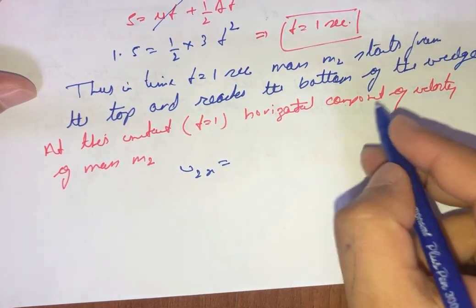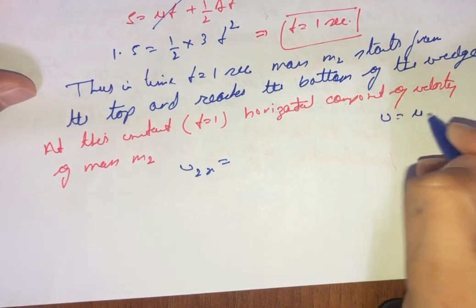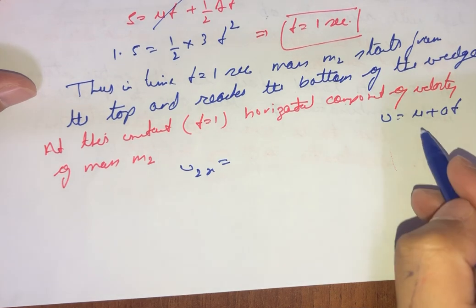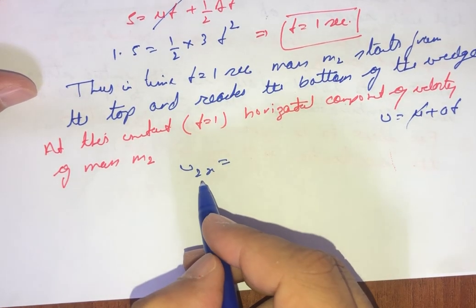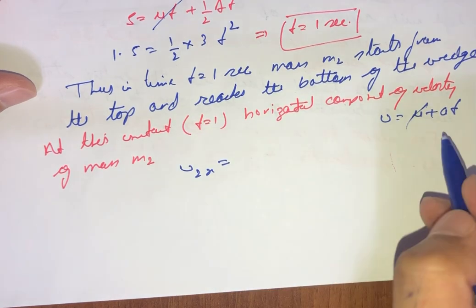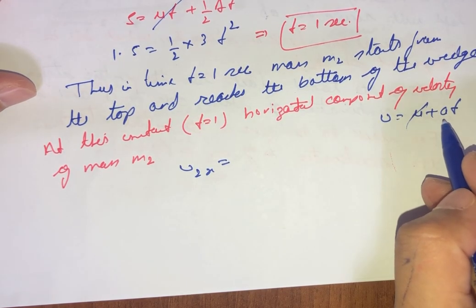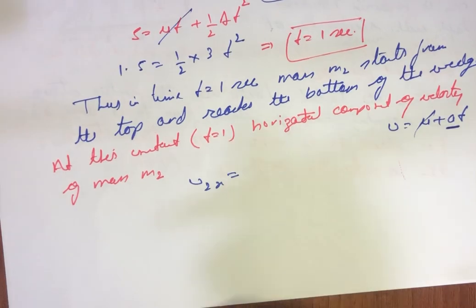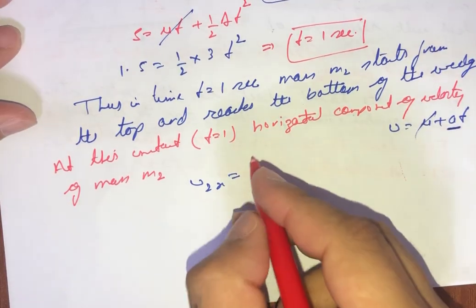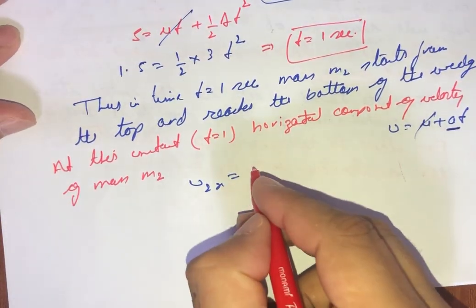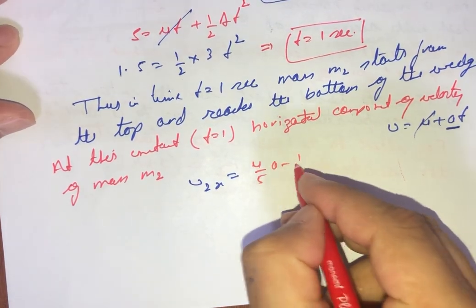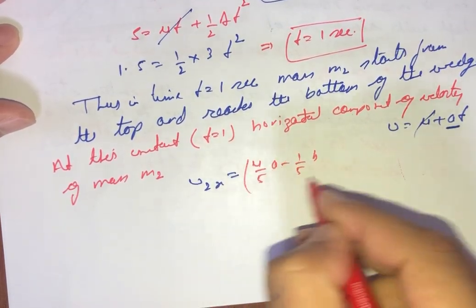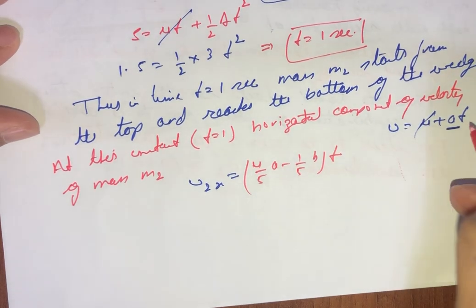We can use the formula v is equal to u plus at. Initial velocity is 0, so this component becomes 0, so we can directly write the horizontal component of the acceleration, which is 4 upon 5 A minus 1 upon 5 B, into t.